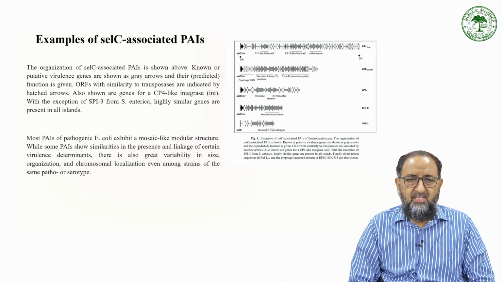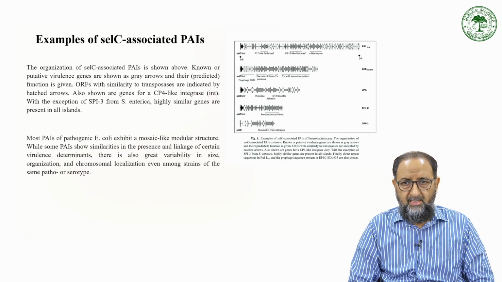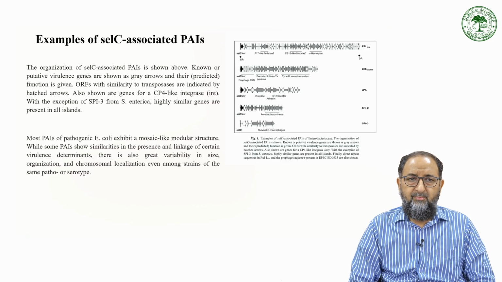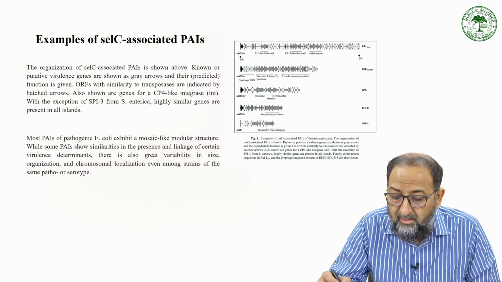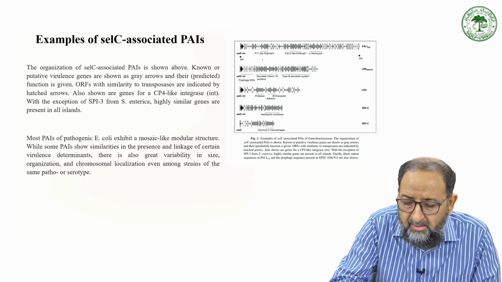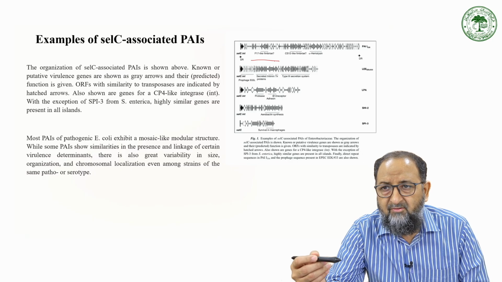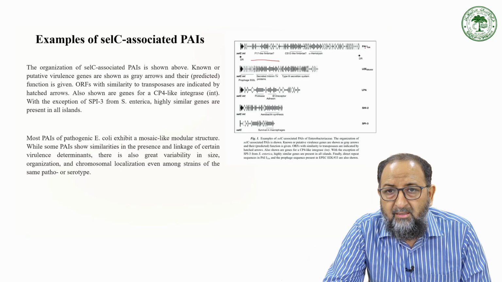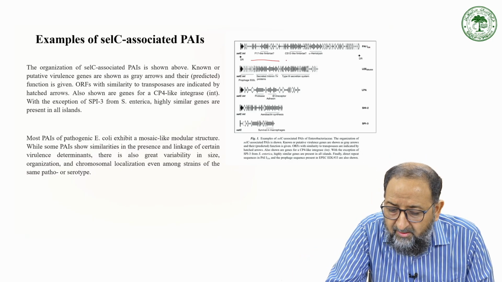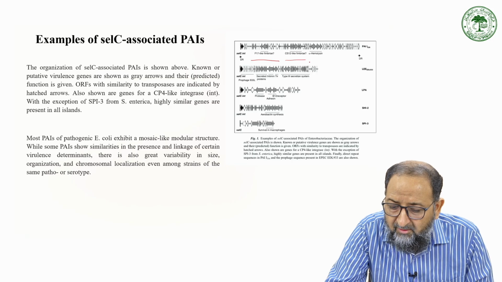Now an example of CS12 associated with the PAI, the pathogenicity island. This is a very specific pathogenicity island present in bacteria, and if you look at the organization in this figure, it is very clear that F17-like fimbriae are present on the PI, then CS12-like fimbriae, then alpha hemolysin.